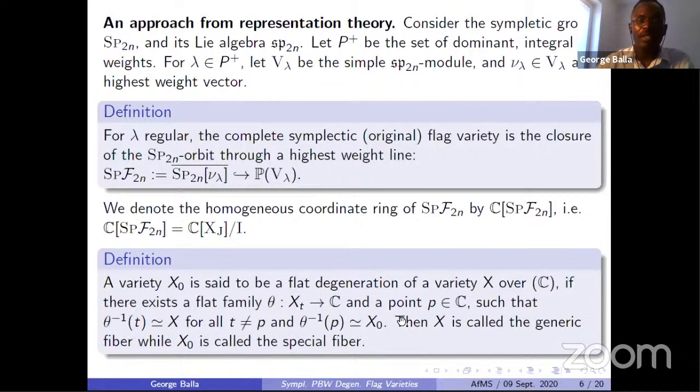In such a case, we call X the generic fiber, while X naught is called the special fiber.